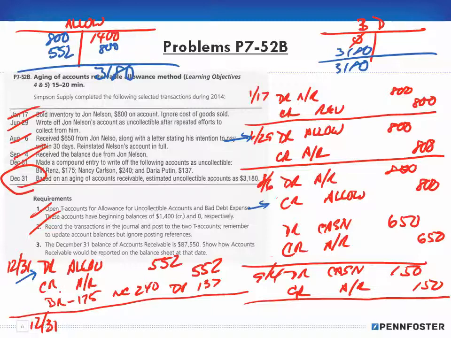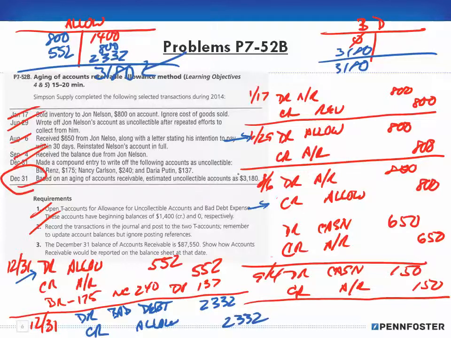And the difference for this adjusting entry is a debit to bad debt expense of 2332 and a credit to allowance for 2332 in order to make the ending balance be 3180, which is what we estimated it to be.